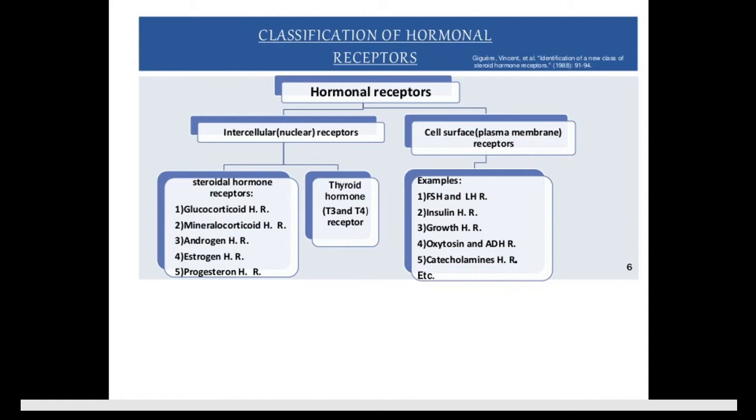Cell surface receptors include the FSH receptor, insulin receptor, growth hormone receptor and oxytocin receptor. There are a number of receptors on the cell surface that differ from cell to cell. Epithelial cells have different receptors, and macrophages have different receptors.